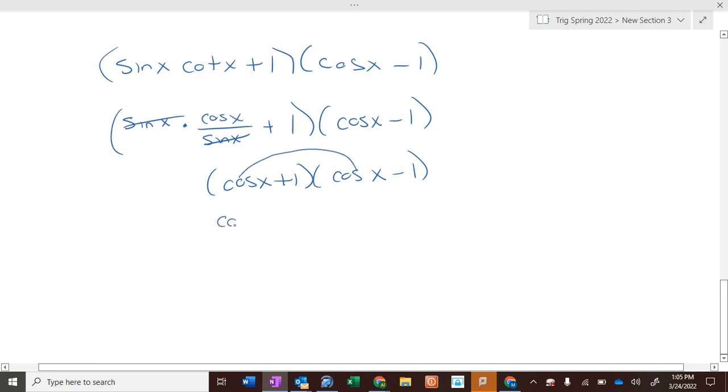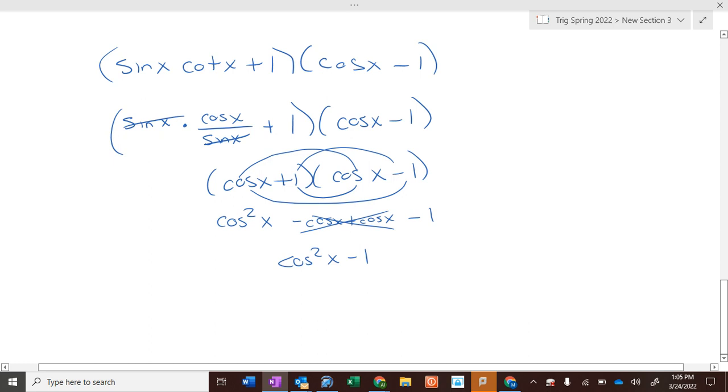Firsts: cosine times cosine is cosine squared. Outers is minus cosine of x. Inners is plus cosine of x. Last times last is minus 1. What happens when you add negative cosine of x to cosine of x? Cancels. So it's cosine squared of x minus 1.